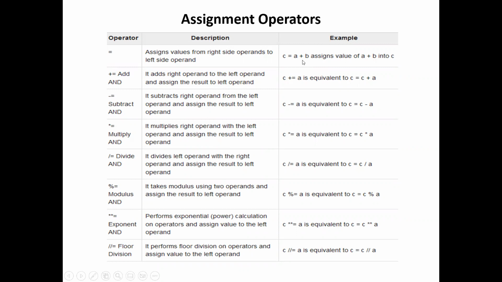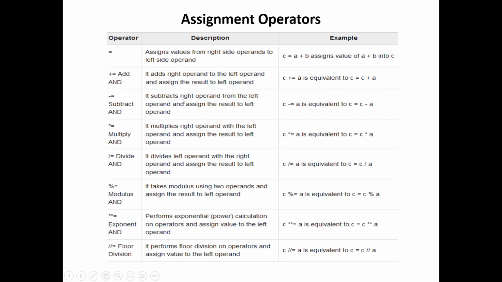The right side value is assigned to the left side operand. If I say C is equal to A plus B, A plus B is calculated and the value is assigned to C. Again, plus equal to: if I say C plus equal to A, it means C is equal to C plus A.